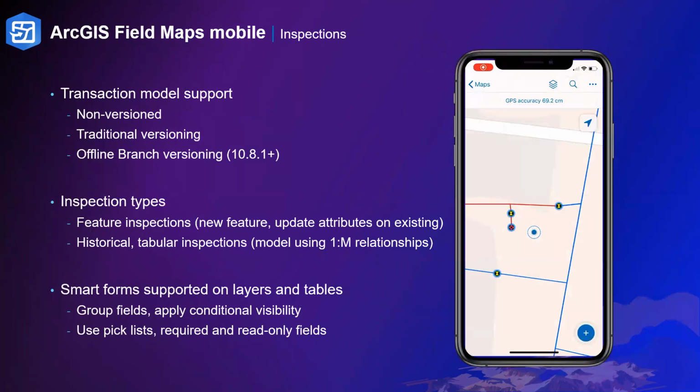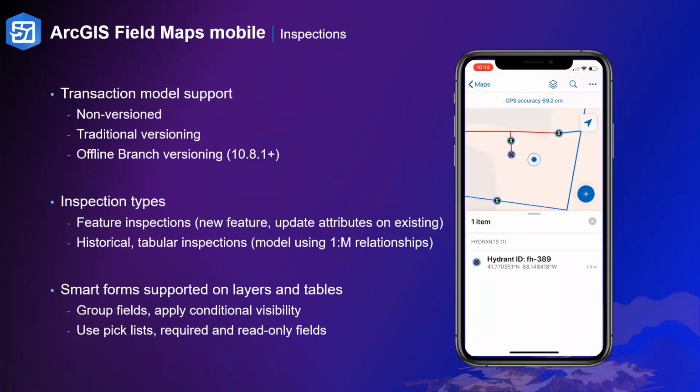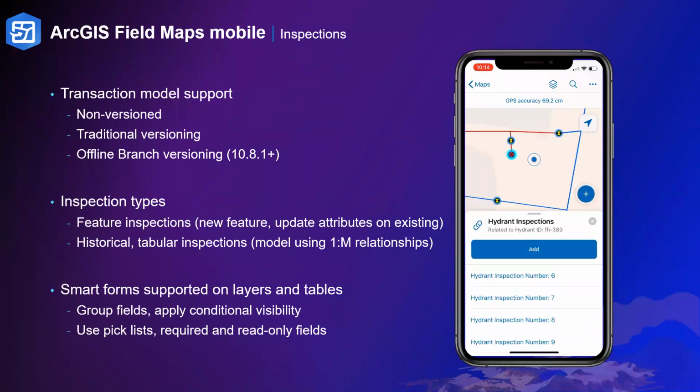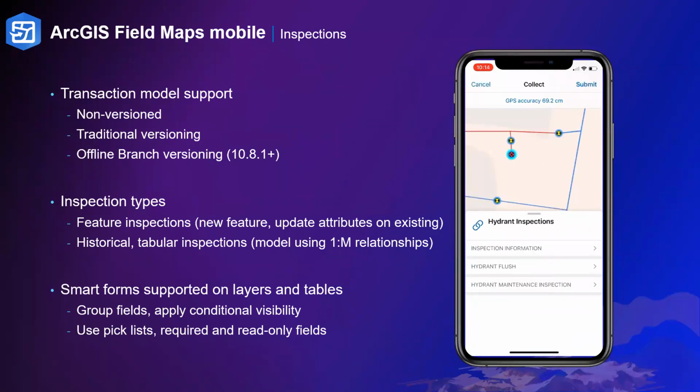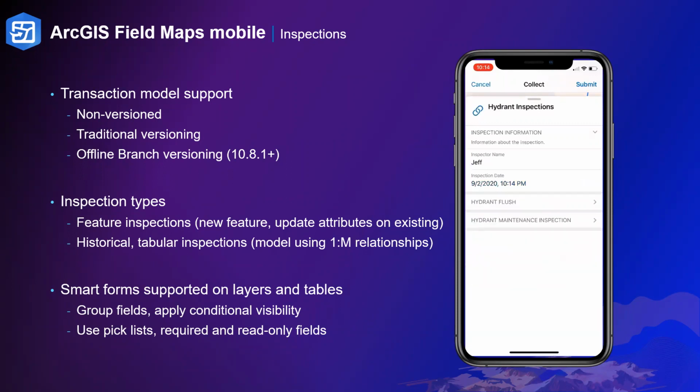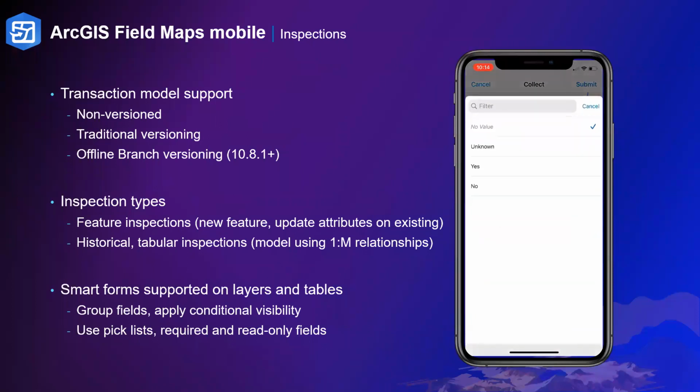Okay, transaction model support now. So if you were on an enterprise setup, ArcGIS Enterprise, with a versioned geodatabase, we now support editing non-versioned geodatabases or traditional versioning, or if you've got 10.8.1 or higher, offline branch versioning. Branch versioning is a different, new versioning type.